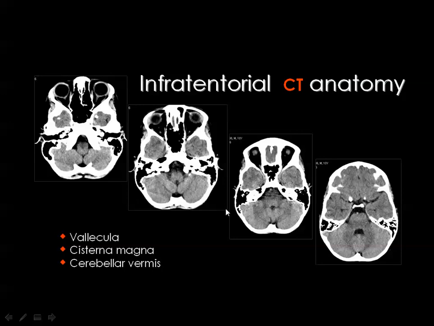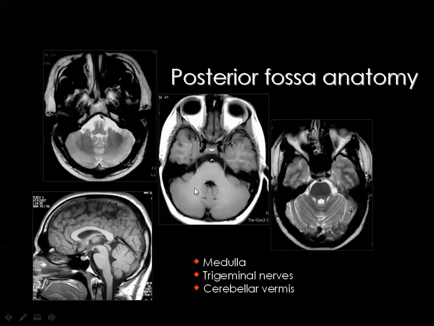Then while you are going up, you will see the vermis after that, and this is the vermis, and this is the site of the vermis. And here, this is the medulla oblongata, and this is the fourth ventricle. This is the axial T2 weighted image, and this is axial T1. The fourth ventricle is sizable, and you can easily appreciate the trigeminal nerve.